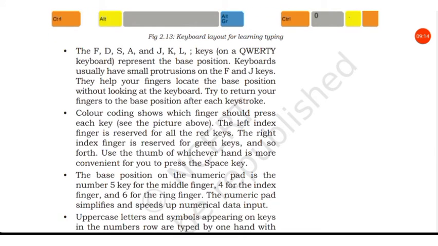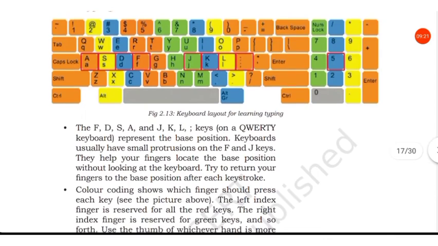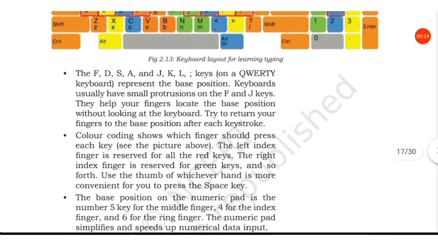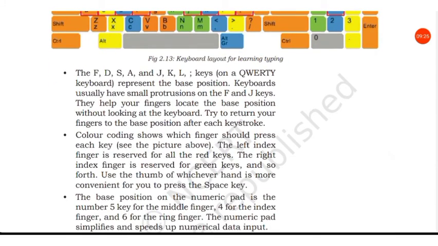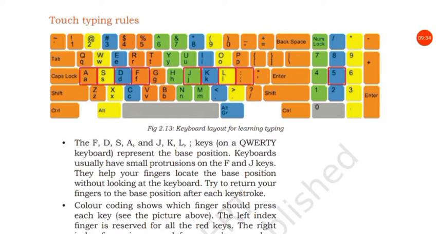Then the base position on the numeric pad is the number 5 key for the middle finger. This area is the numeric keypad. The number 5 also has a projection to identify that it is the middle part.